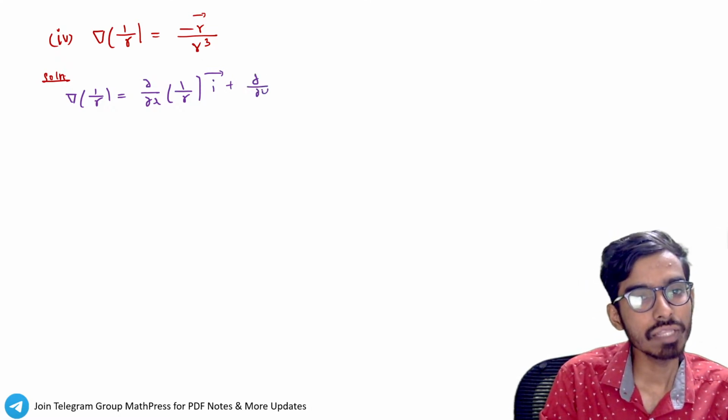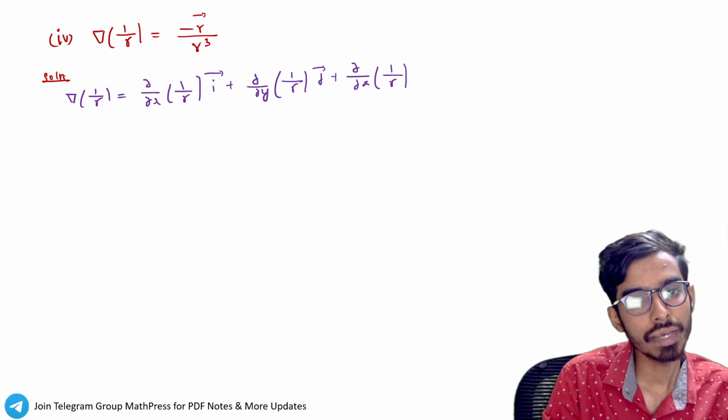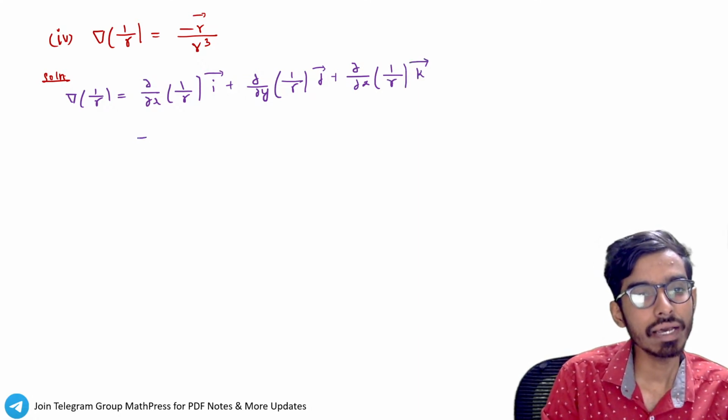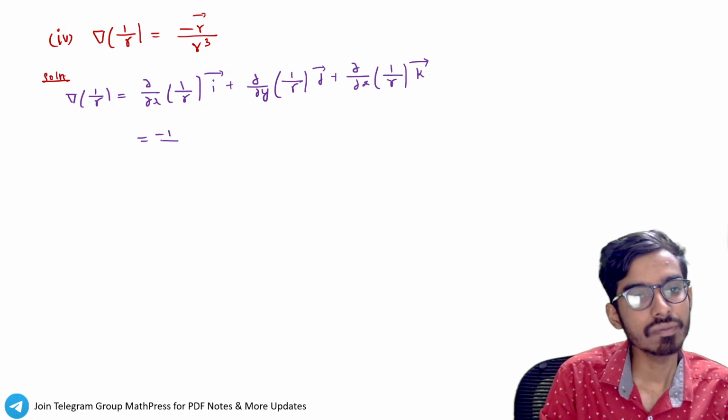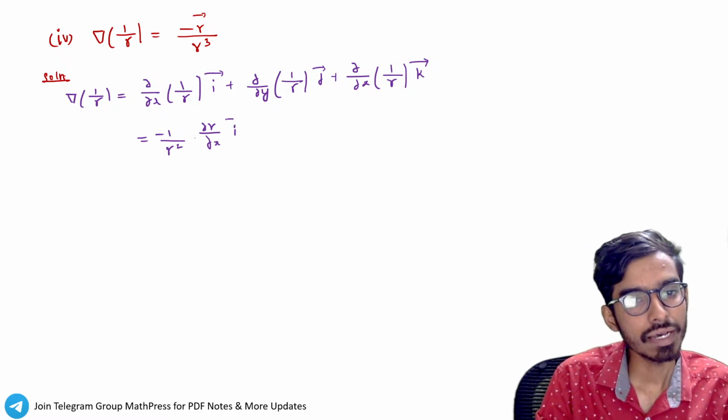This will be dou by dou y of 1 by R into j vector, dou by dou z of 1 by R into k vector. So differentiate this 1 by R. The derivative of 1 by R is minus 1 by R square into dou R by dou x, because we differentiate with respect to x, into i vector.